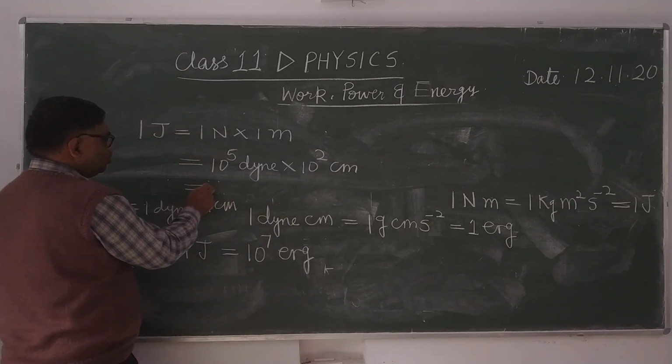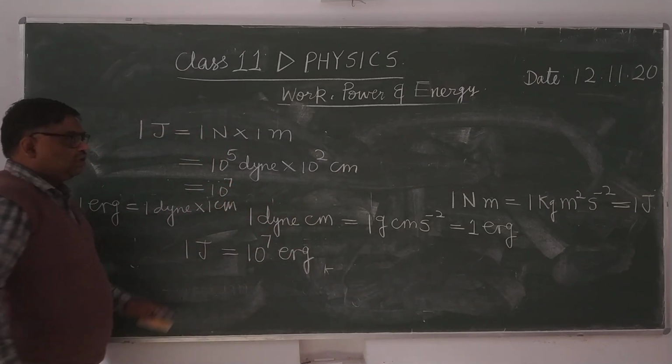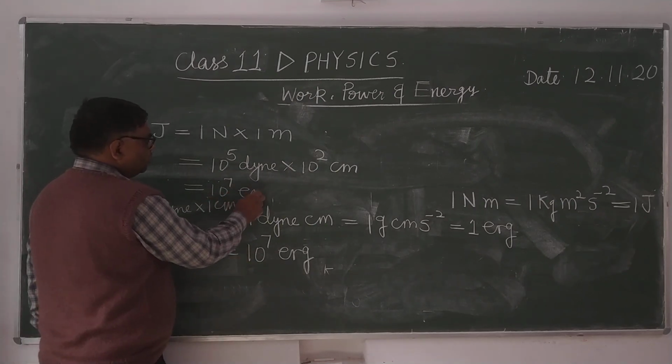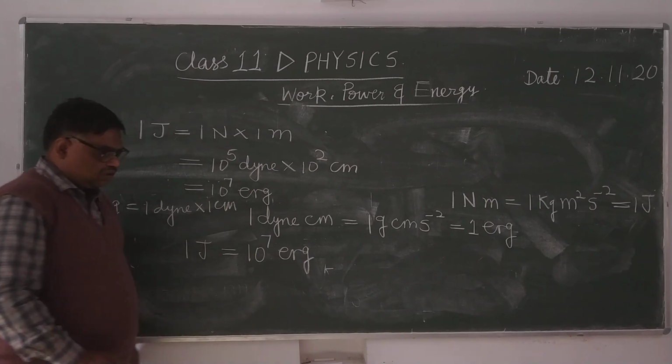So it is 10 to the power 7 dyne centimeter. Dyne centimeter is erg. It is 10 to the power 7 erg.